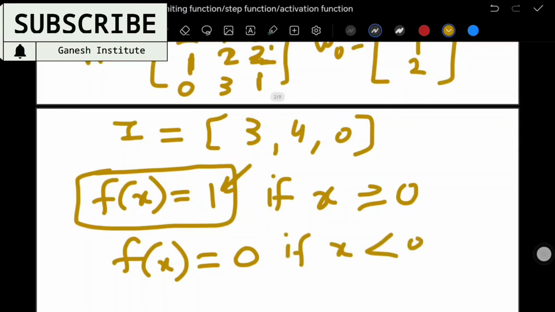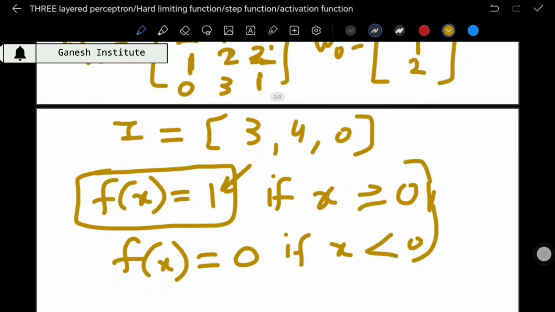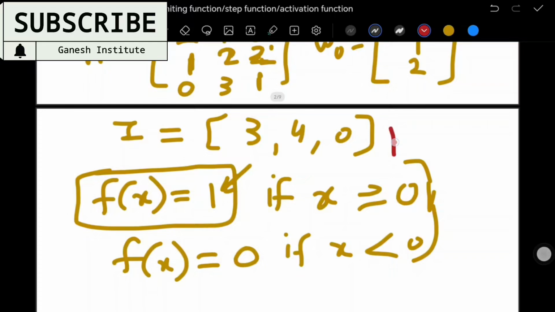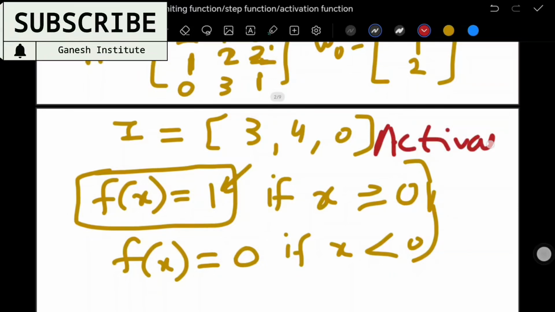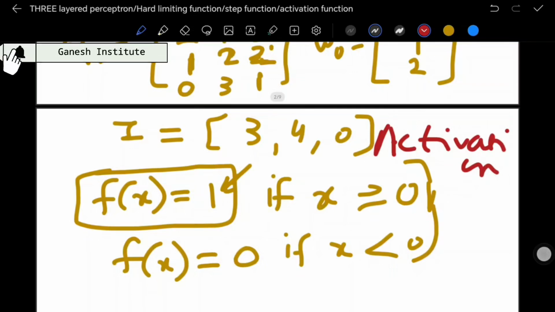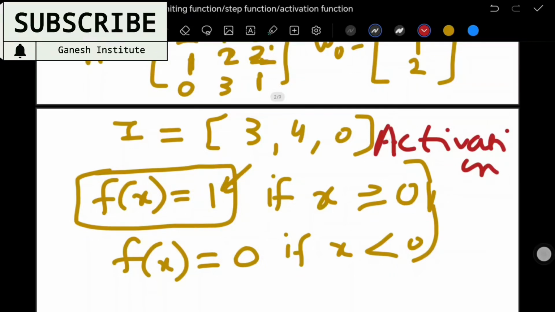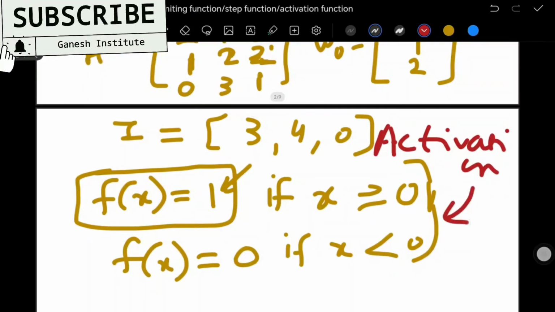So this is the hard limiting function or step function.